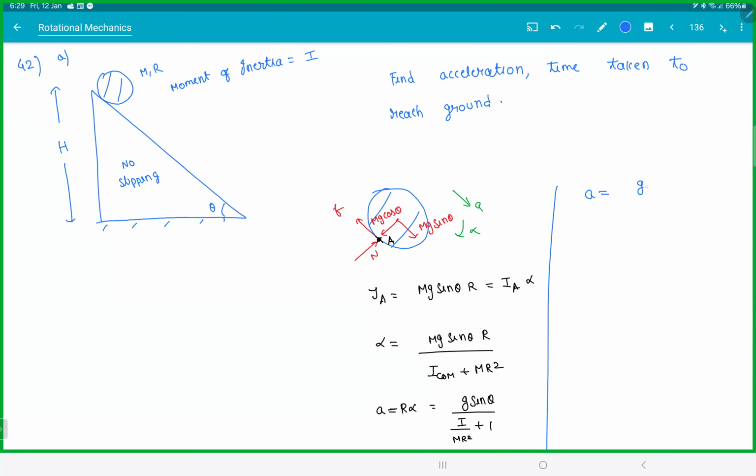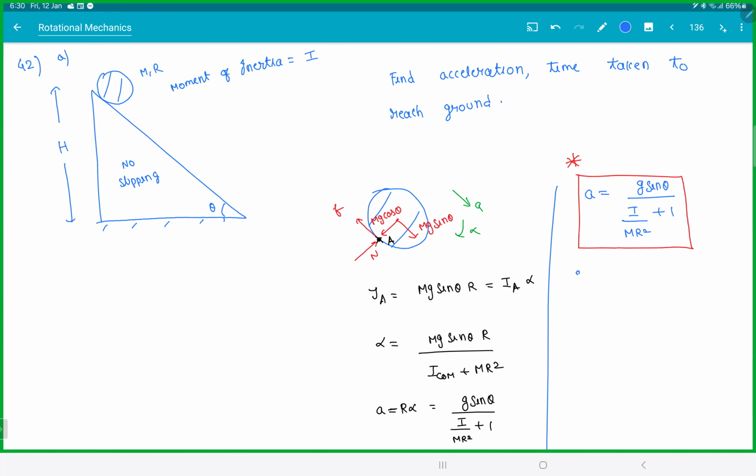So a is equal to g sine theta by I by mr square plus 1. Did I teach you radius of gyration? No, sir. I keep forgetting that every time. Let me just teach you what that is. There. So there's a good result. Like I tell the medical students to mug it up. You guys can derive it or remember it anyway.